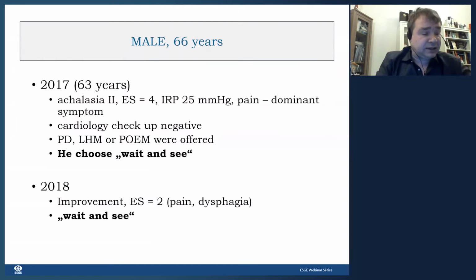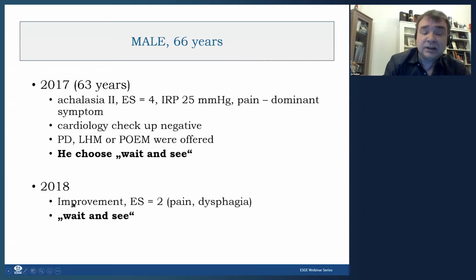The patient has a longer history; he already presented in 2017 with achalasia type 2. As you see, IRP was 25 at the time, and it was a pain-predominant achalasia. We offered him these 3 treatment options, but he chose a wait and see strategy.